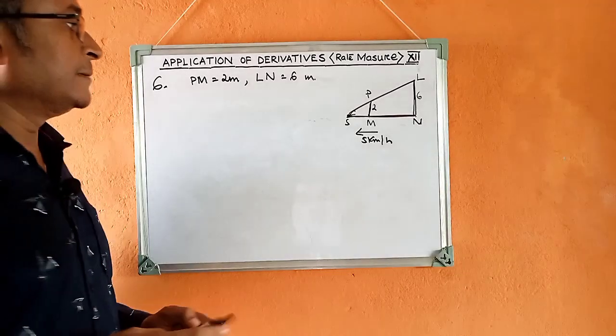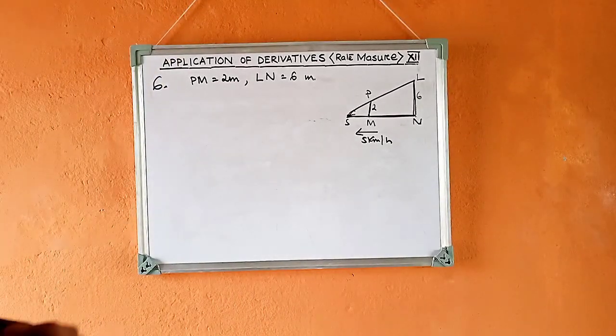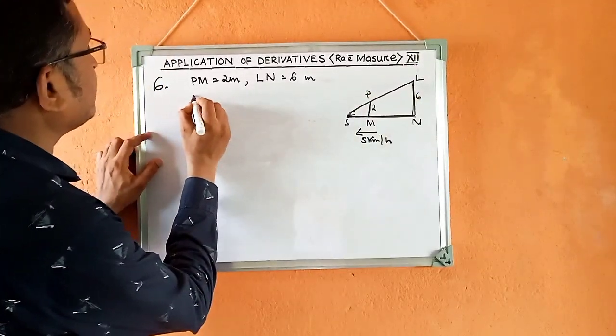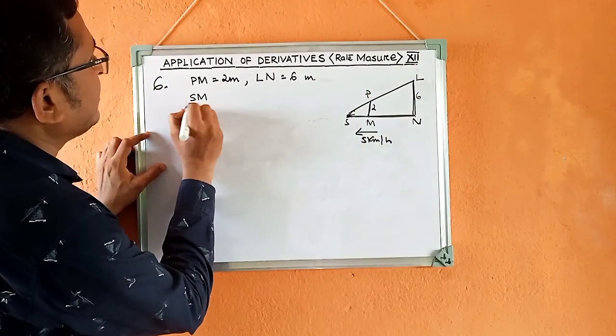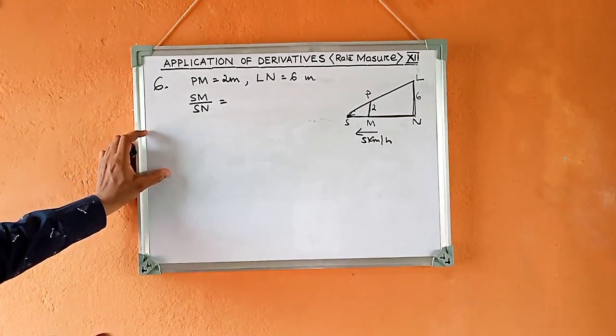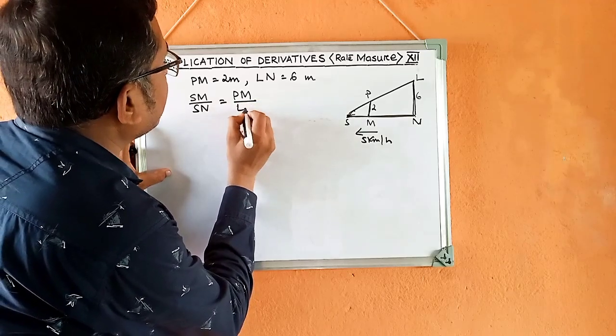Now we can write using similar triangles, SM divided by SN is equal to PM divided by LN.